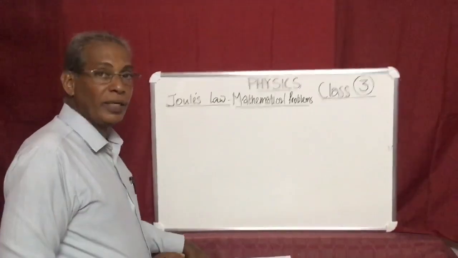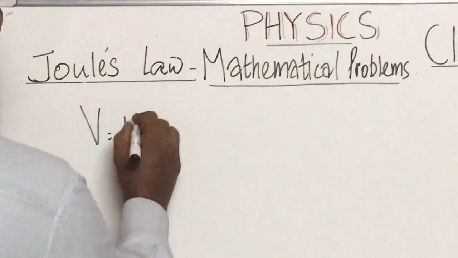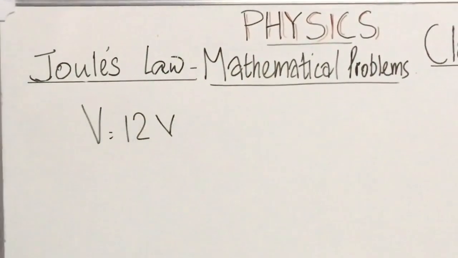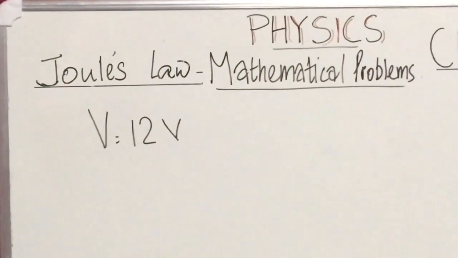A 12 volt battery is given, so V is equal to 12 volt, and it is connected to a resistor.